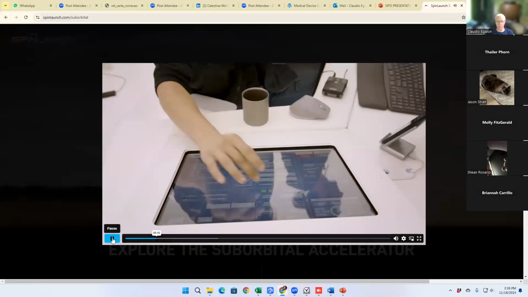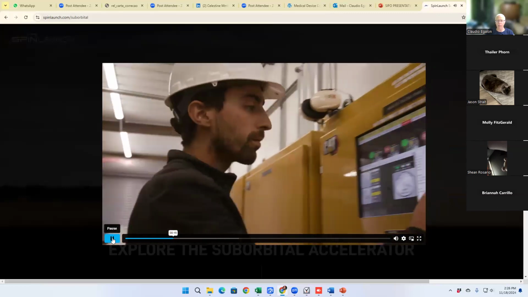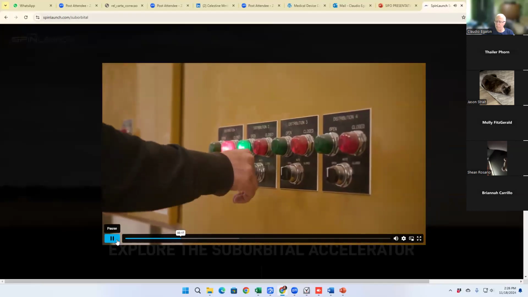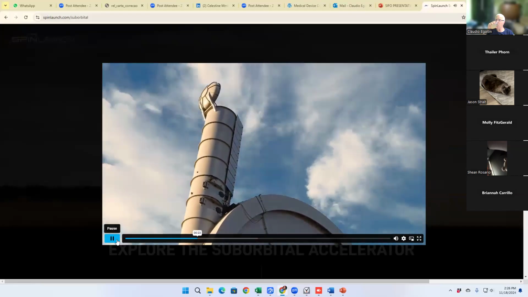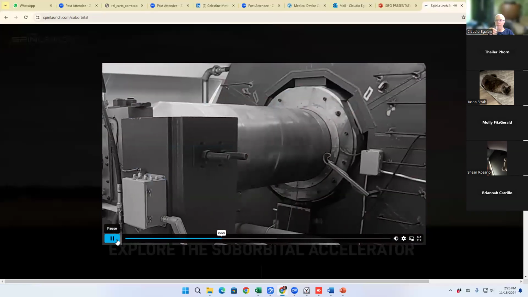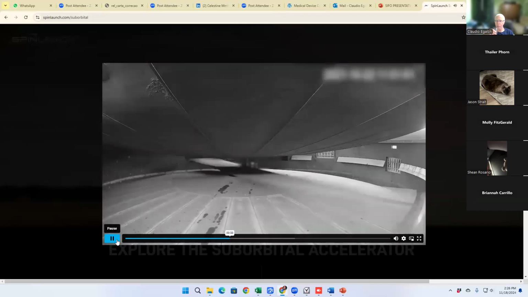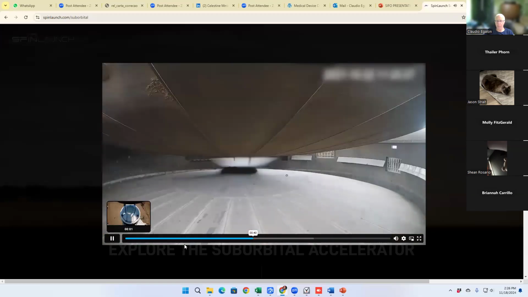Spaceport America. That's the desert. You cannot launch something like that from populated areas. 7, 6, 5, 4, 3, 2, 1, fire.